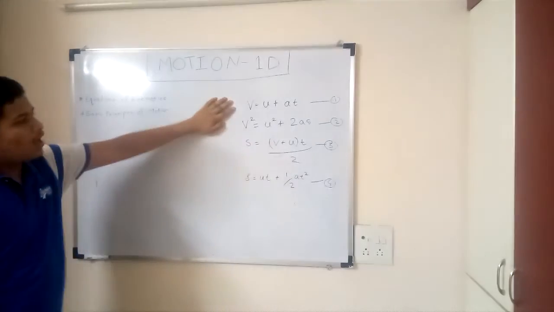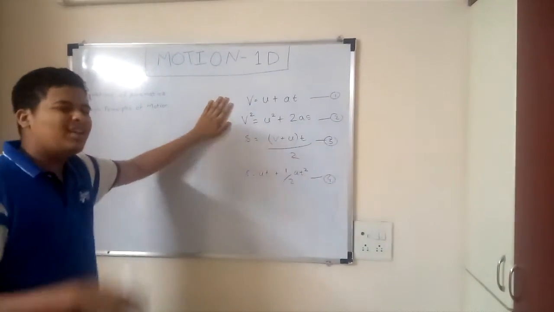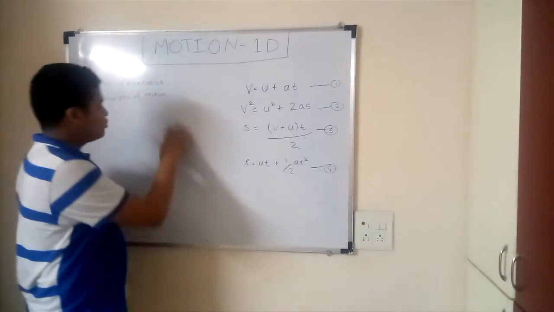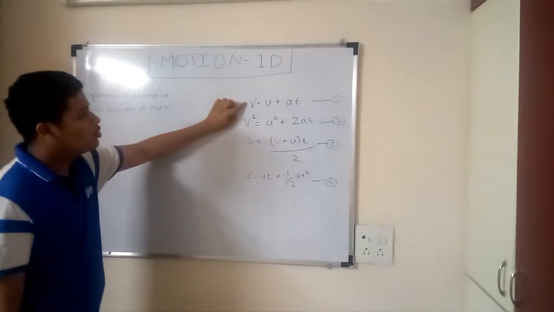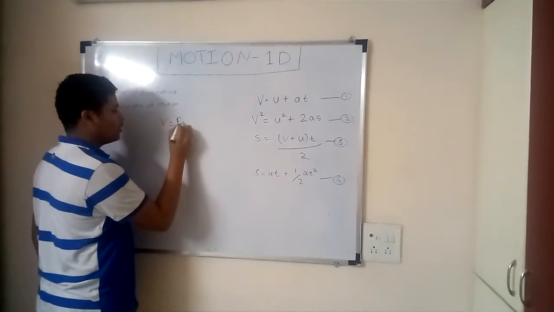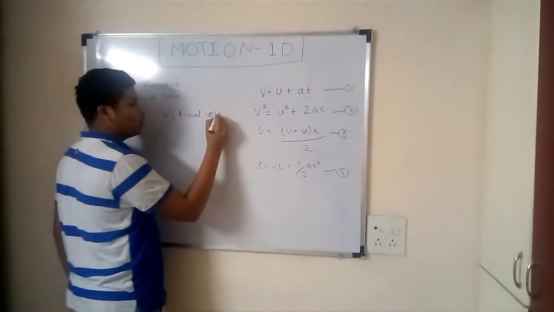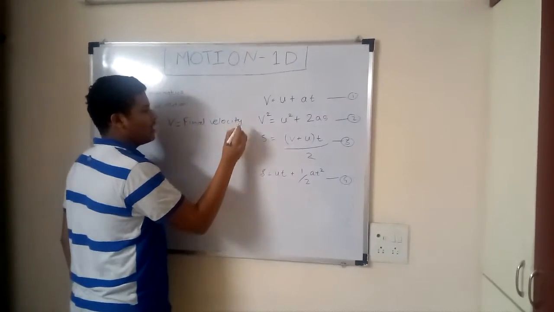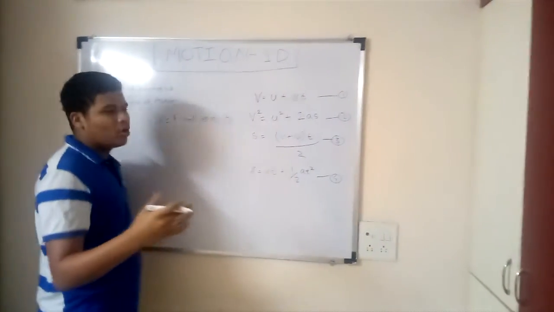I'm going to explain all the equations briefly now, but after 5-10 minutes I am going to derive them one by one. The first one is v = u + at, where v is the final velocity. If a body is in motion, then its final velocity is always denoted by v, when it stops or before it stops.